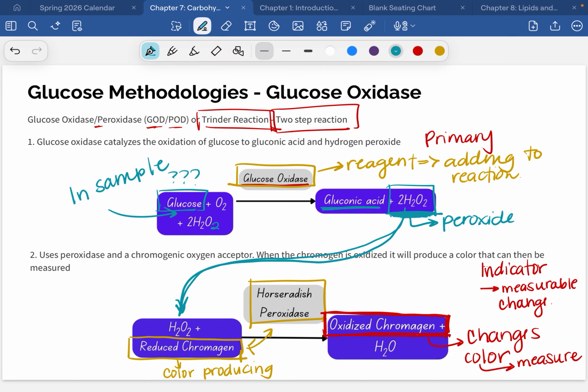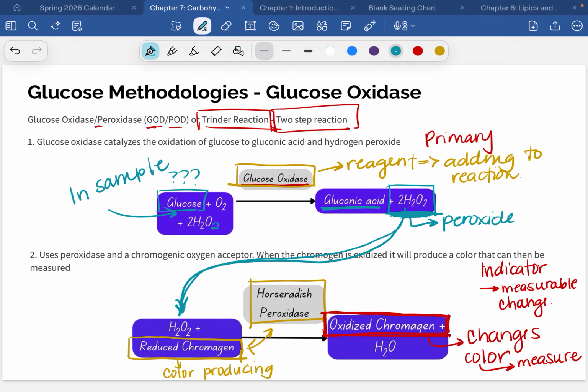The amount of color change is going to be comparable to how much glucose there is. And that color change is measurable by instruments. Instruments can use lasers and lights and spectrophotometers to measure how much that color has changed. And how much that color has changed gives us the answer to how much glucose there is in that specimen.